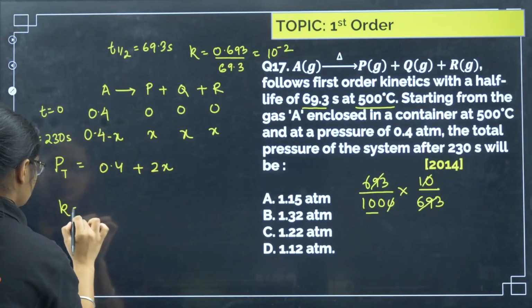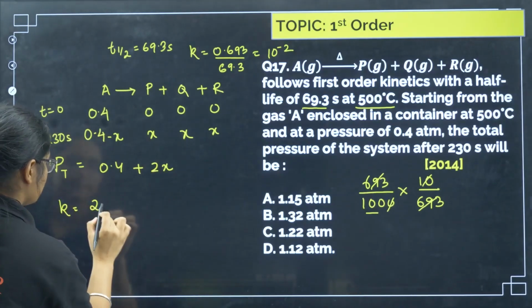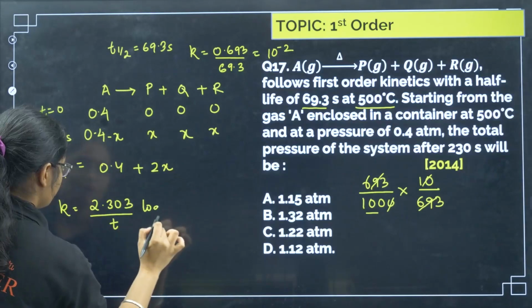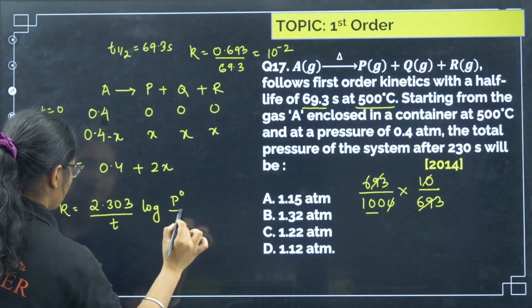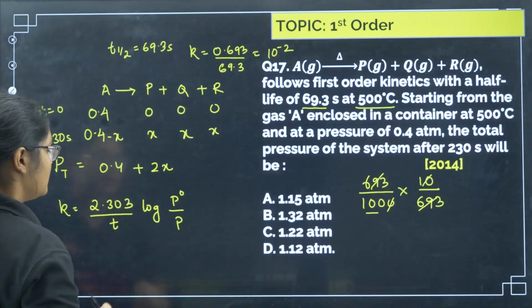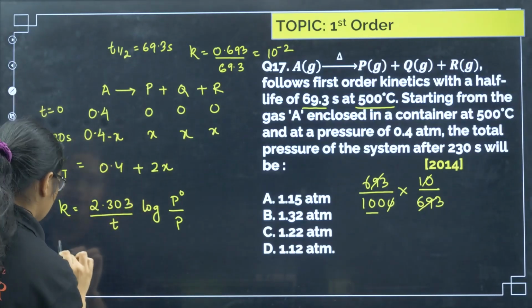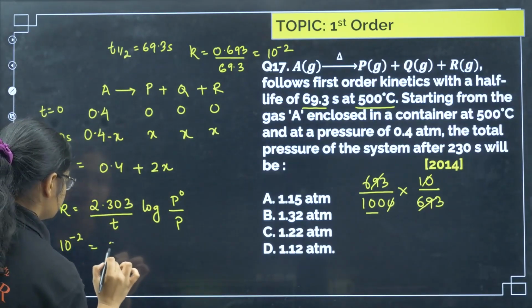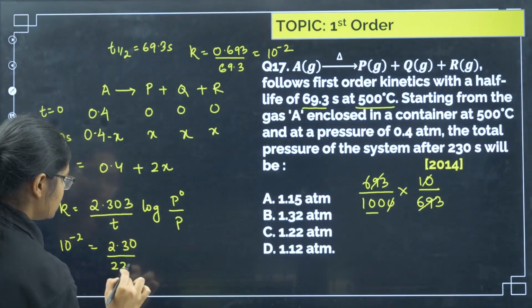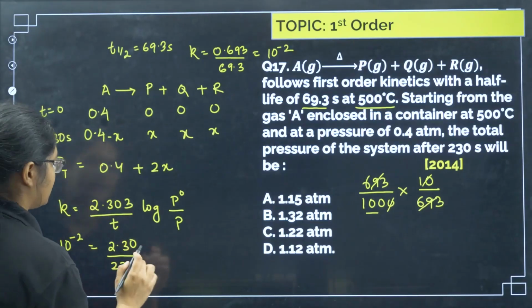Now let us calculate. K equal to 2.303 by T log of P naught by P, the initial pressure of A by the final pressure of A. The K value I got is 10 to the power of minus 2. This is 2.303, let me just write it as 2.30 so that we can cancel. 230 seconds is there, so this we can cancel.